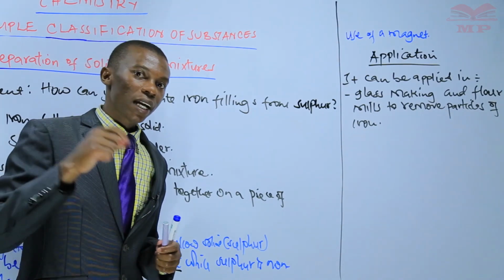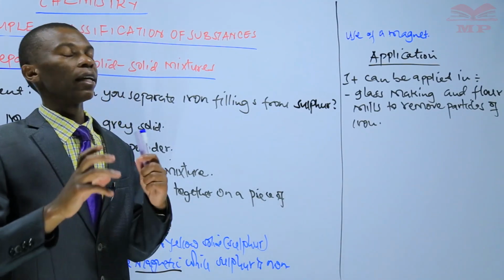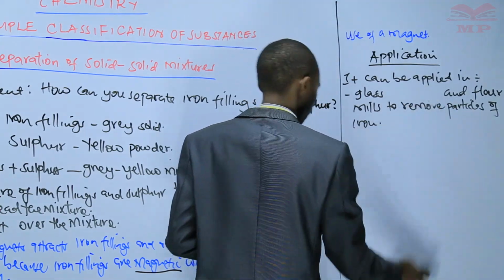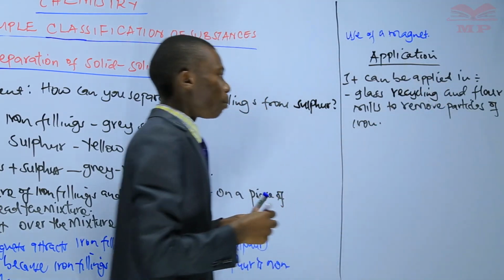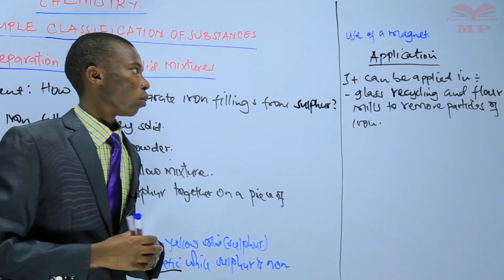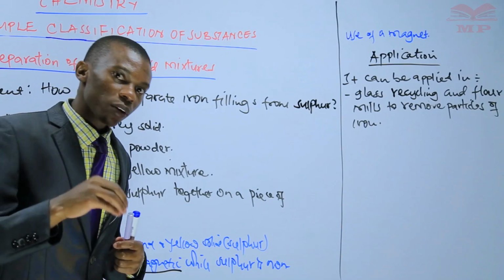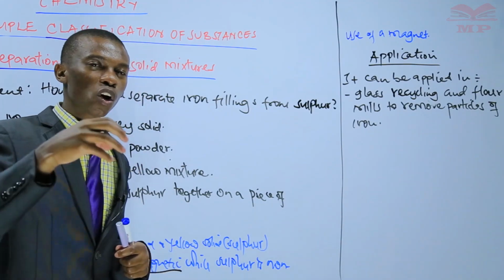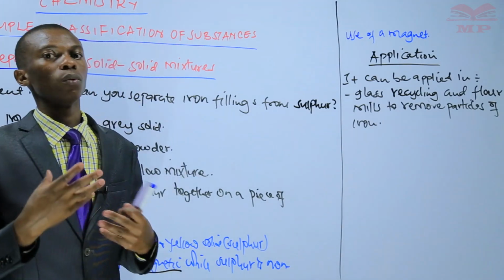Therefore, if there are impurities of iron inside, for example in glass recycling, where you take pieces of glass and recycle them to make another form of glass, the magnet will be able to attract all the iron particles from that glass, and therefore this glass will be free of iron particles.